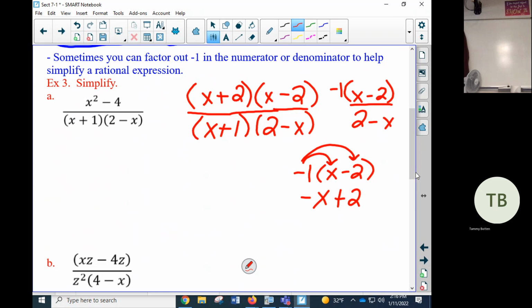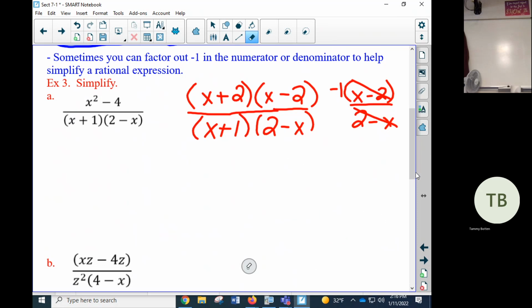If I wrote this with the 2 in front, wouldn't it be 2 minus x? Do you get that? So if you put a -1 in front of that, it is 2 minus x. So what we can do then is cross those two out, but that negative stays there.